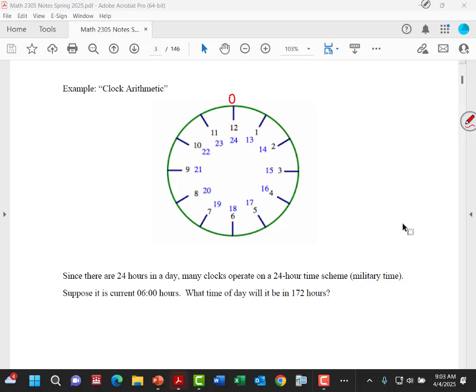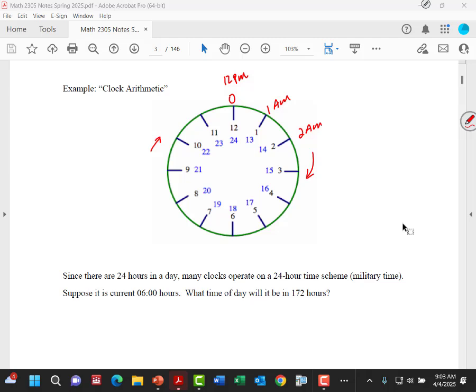That would be midnight. And then I have time at 1 a.m., 2 a.m., etc. The clock loops around. And then at 12 p.m., noon, my clock would say 12 naturally.